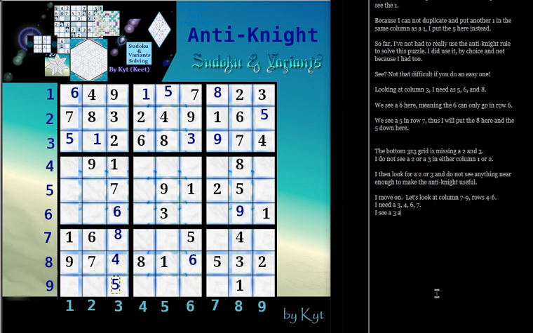Now I see a 3 and 4 in column 9, which means that both the 3 and 4 must be placed in column 7. I see a 3 in row 6, which means that I must put the 4 down here and the 3 up here.